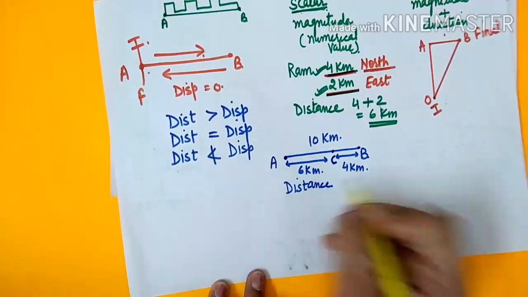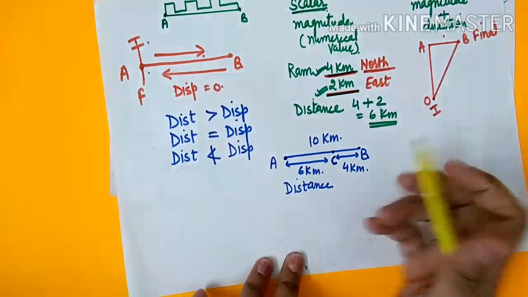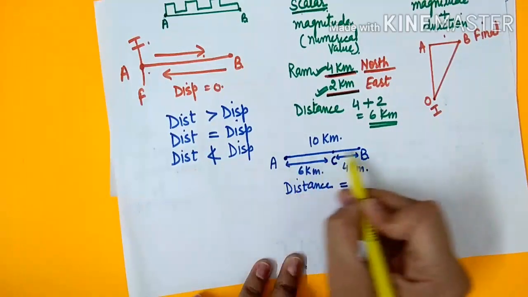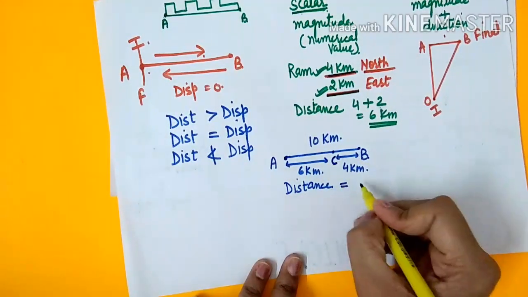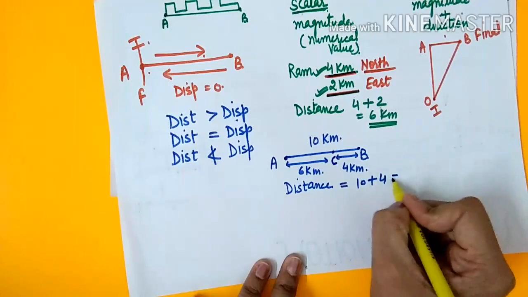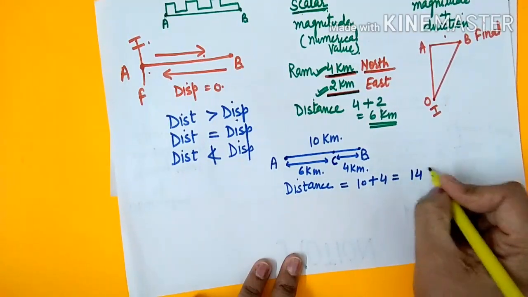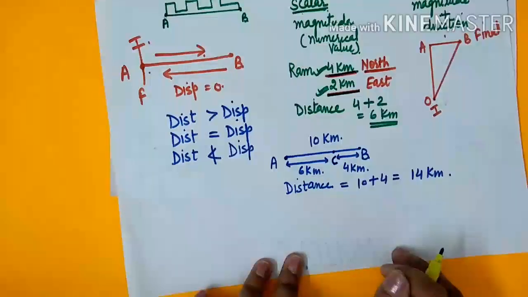Distance is the length of the path taken by an object. So the length is 10 kilometer and then 4 kilometer. You just add these two magnitudes: 14 kilometer is the distance.